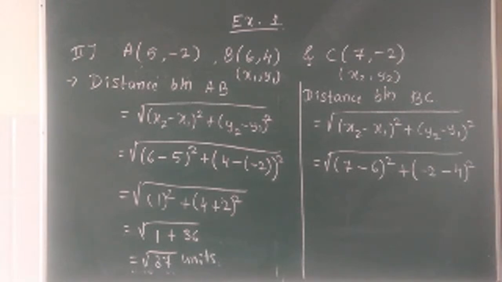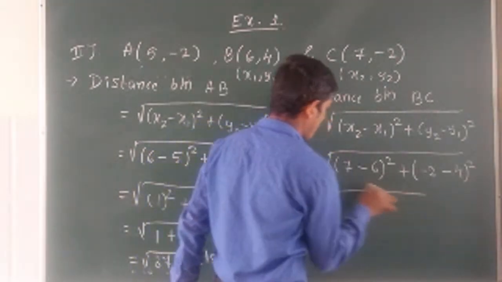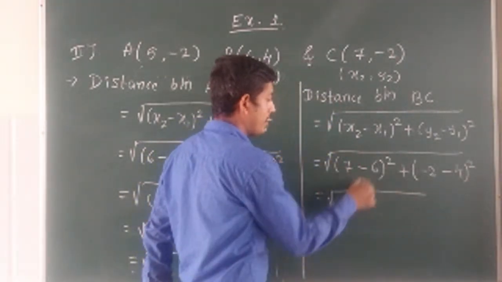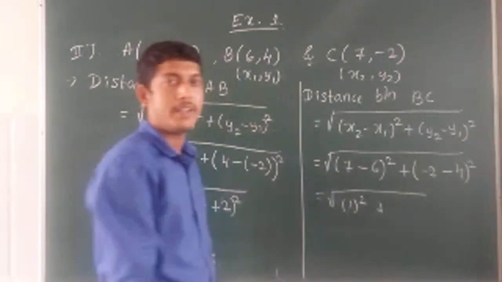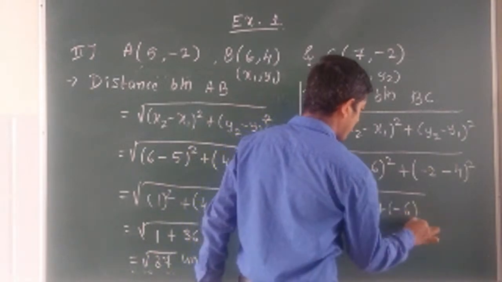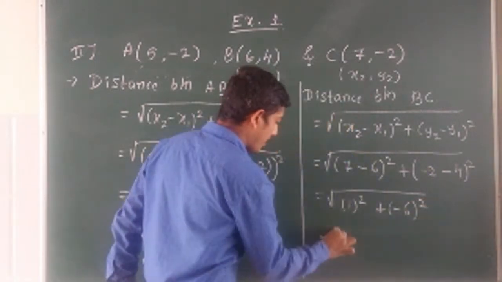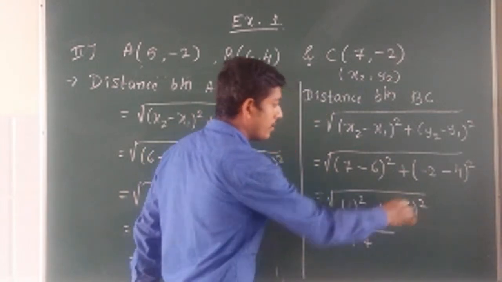Lakshmi gave this answer as square root of 37 and Rakesh gave square root of 37. Any other answers? Square root of 7 minus 6, it is 1 square plus minus 2 minus 4. Both have the same sign, that's why we have to add and keep the same sign, that is minus 6 square. Then it becomes square root of 1 square is 1 plus minus 6 square.